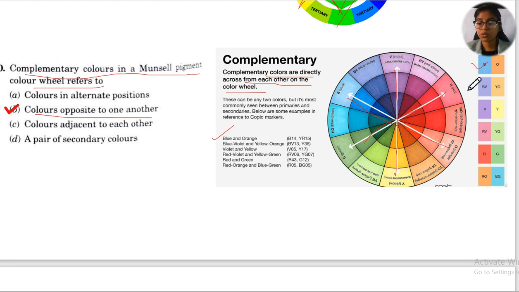See, blue orange, blue violet, yellow orange, violet yellow, red violet and yellow green, red and green, red orange and blue green. So these are your complementary colors as they are placed opposite to each other, or you can say colors which are directly across from each other.